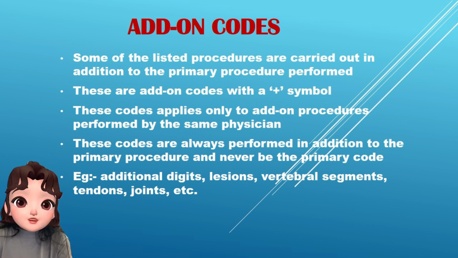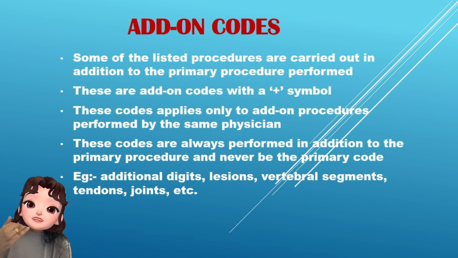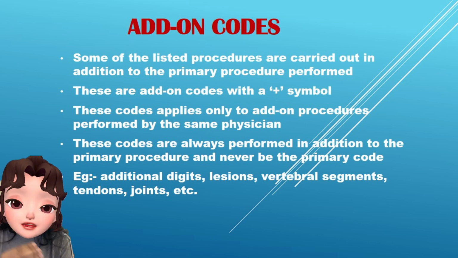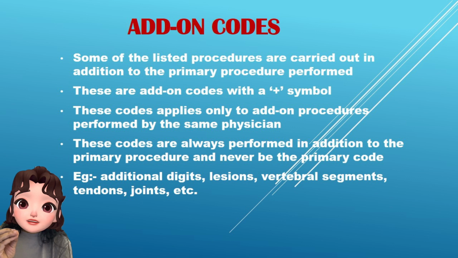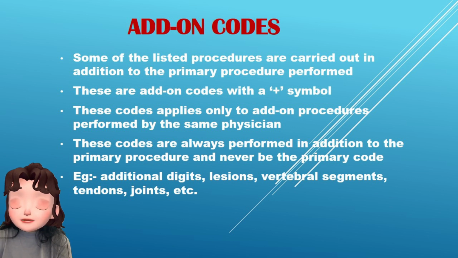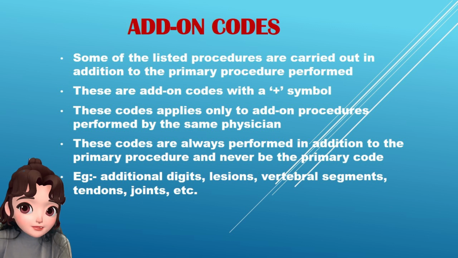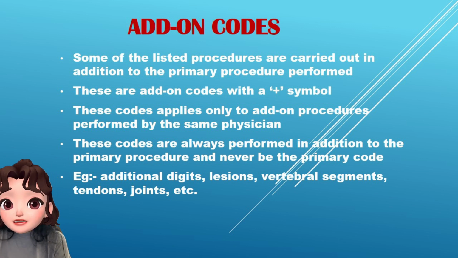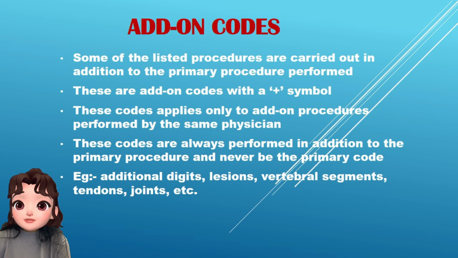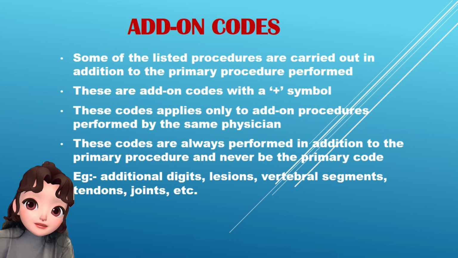In the CPT code book, you'll be seeing a number of symbols just before the codes. In that, the plus symbol represents the add-on codes. These codes apply only to add-on procedures performed by the same physician.